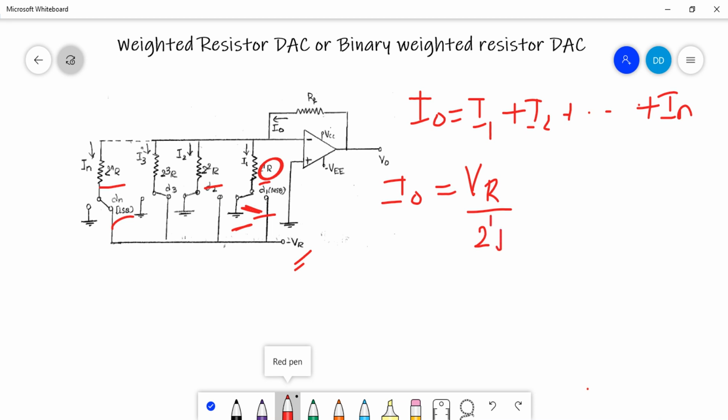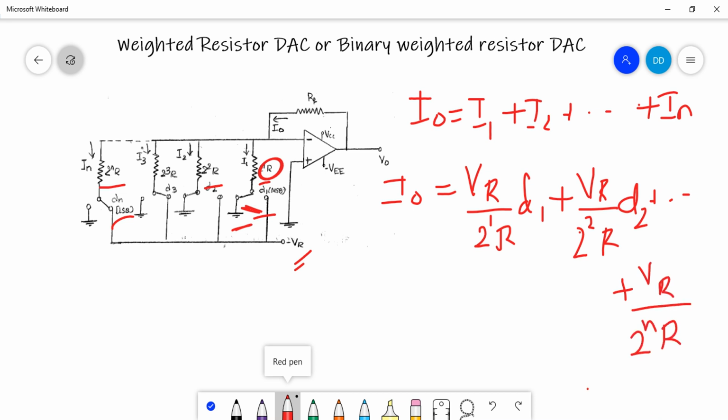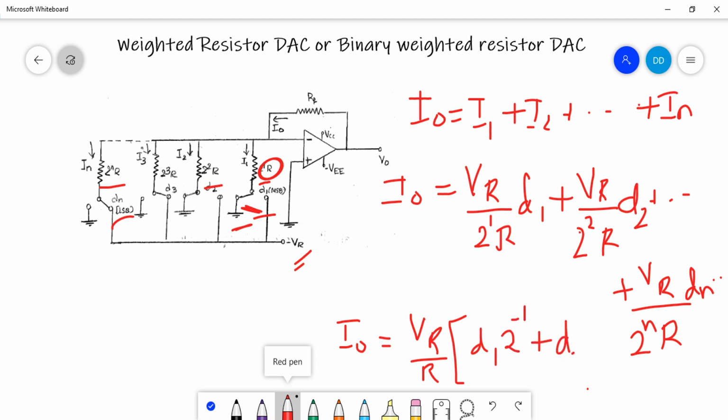It is VR divided by 2 to the power 1 R into D1 plus VR divided by 2 squared R into D2 up to VR divided by 2 to the power n R into Dn, and we can take VR by R out and rewrite this as D1 2 to the power minus 1 plus D2 2 to the power minus 2 up to Dn 2 to the power minus n.